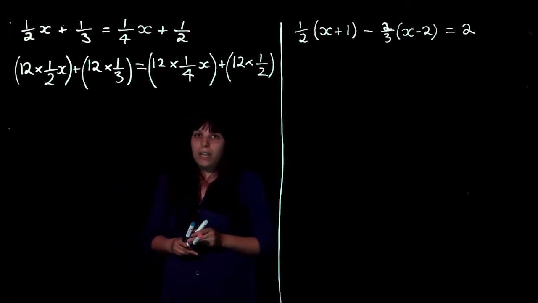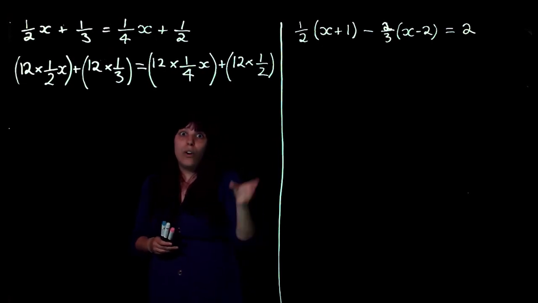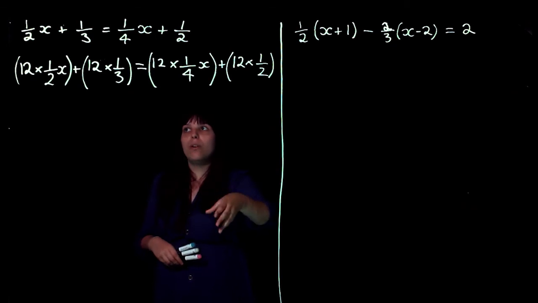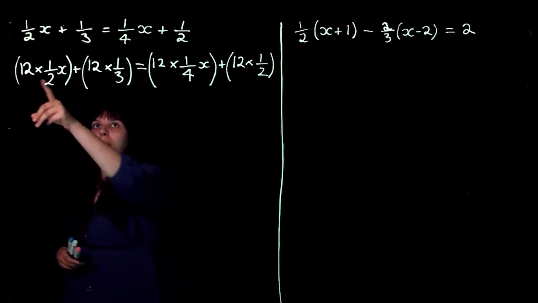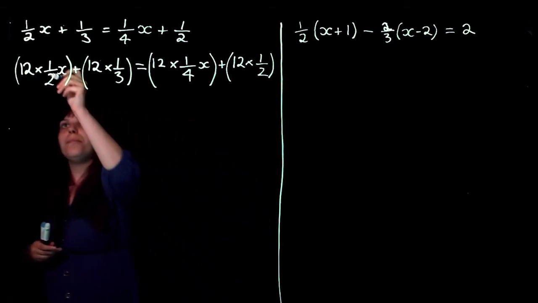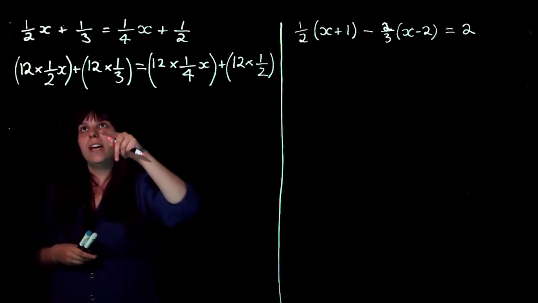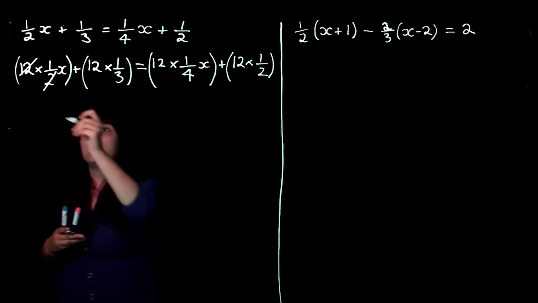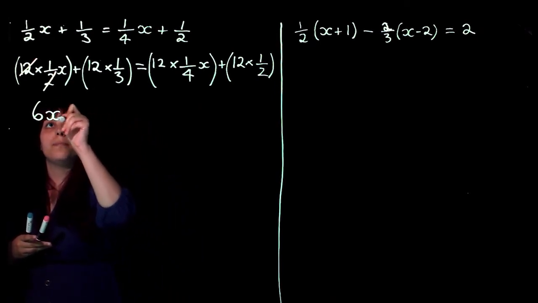So now what I can do, and I'm assuming that you're confident in multiplying whole numbers and fractions, and if you're not, we've done that in a previous video, but I'm going to cancel these down. So 12 times a half x is 12 divided by 2, which is 6, so that's the same as 6x.